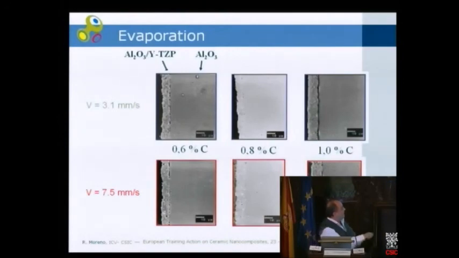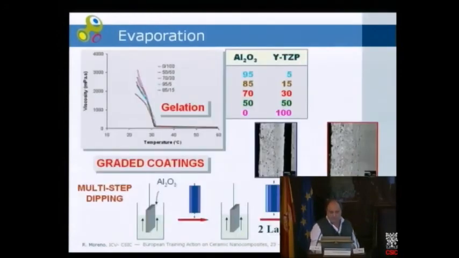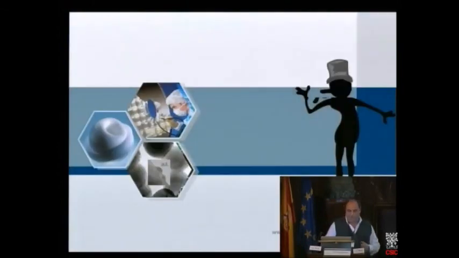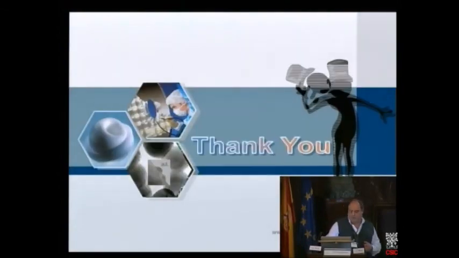And we can obtain directly materials of alumina coated, for example, with a compatible material like alumina-zirconia. And we can even produce, by a multi-step dipping, graded coatings like those shown here, in which with concentrated suspensions and introducing gel formers, we can have even thicknesses of a few tens of microns.